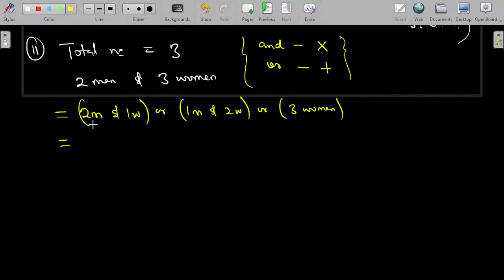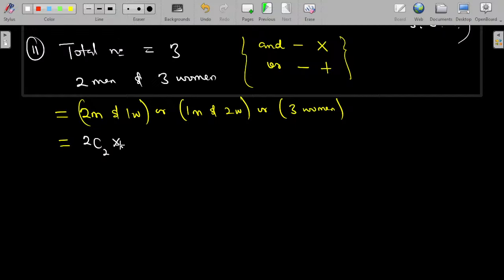So let's go. The first possibility says 2 men and 1 woman. What's the meaning of 2 men? It means you are selecting 2 men out of 2. So that means 2 combination 2. Then remember I said that "and" means multiplication.